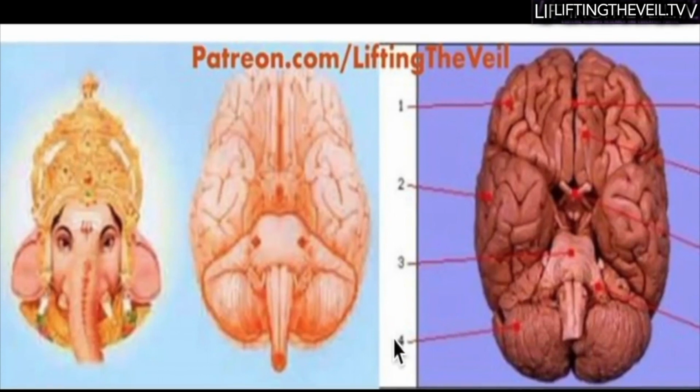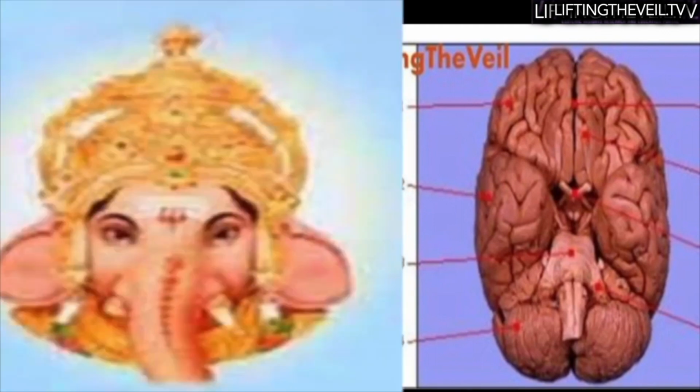So once again, we also have the phallic representation located within the human brain. Again, this is obviously the image of the elephant, but it's visibly phallic in nature.